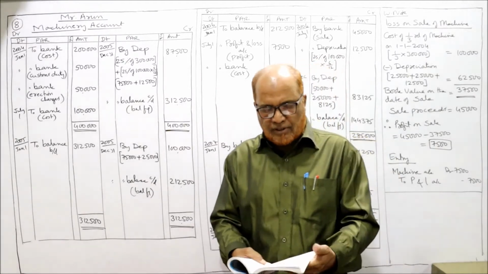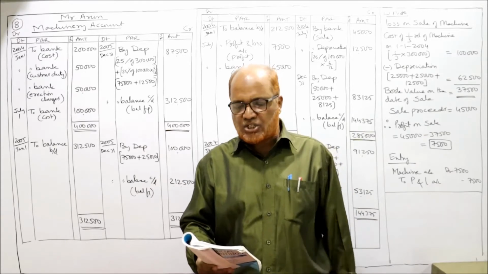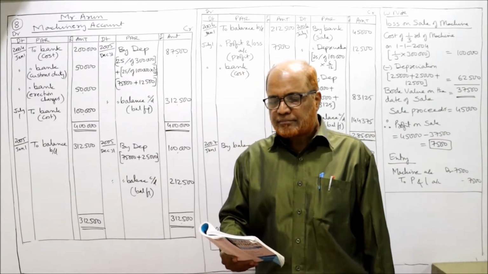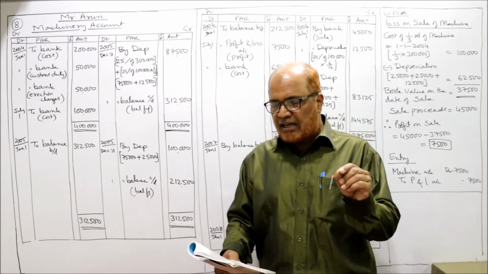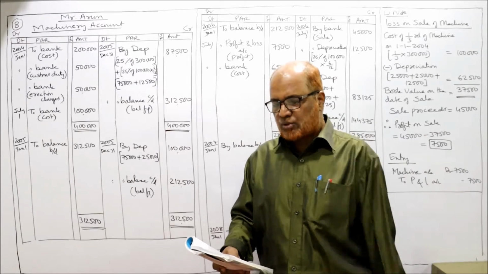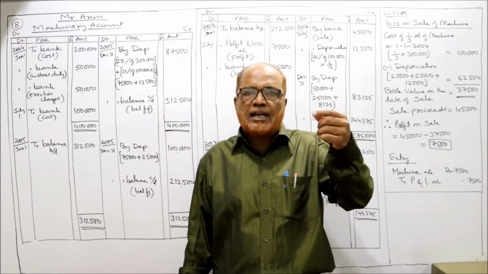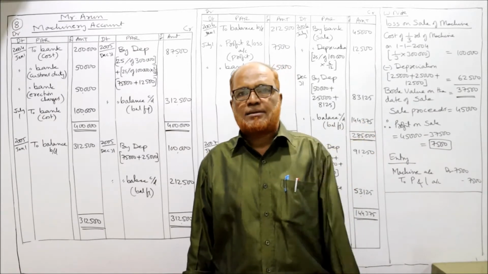Now, see carefully the 8th problem. Mr. Arun purchased a machine on 1st January 2004 for rupees 2 lakh. Paid customs duty and freight 50,000 and incurred erection charges 50,000. See here, any incidental expenditure directly related with purchase of asset will be capitalized.